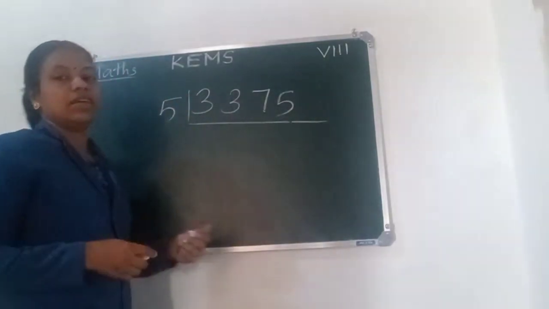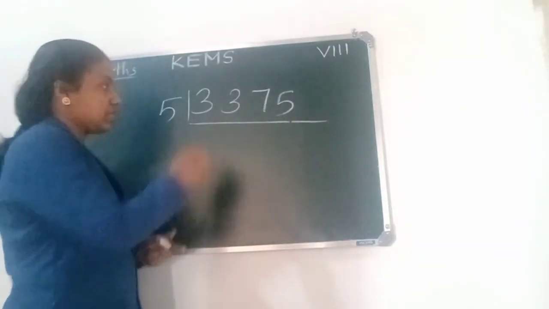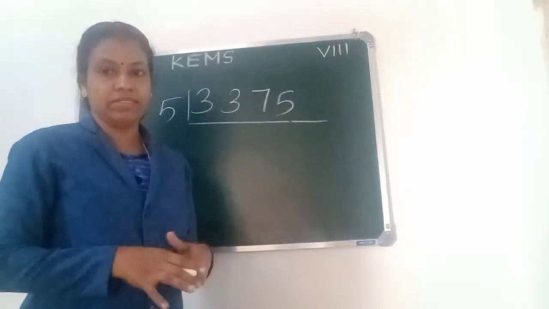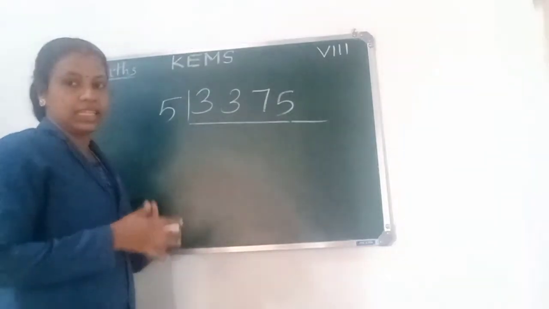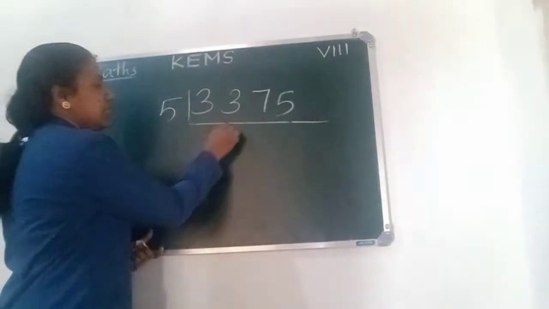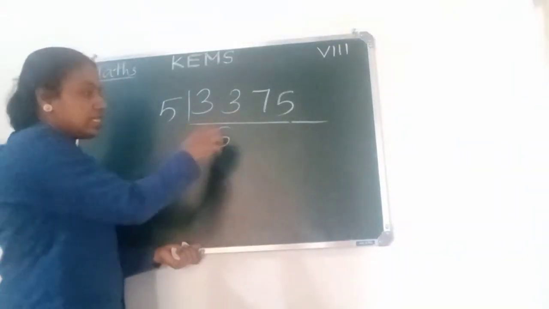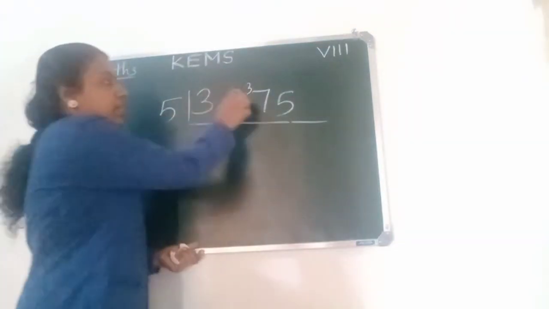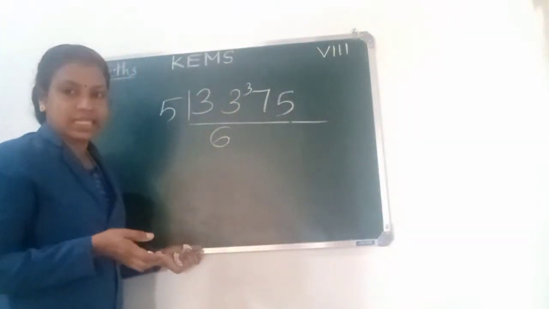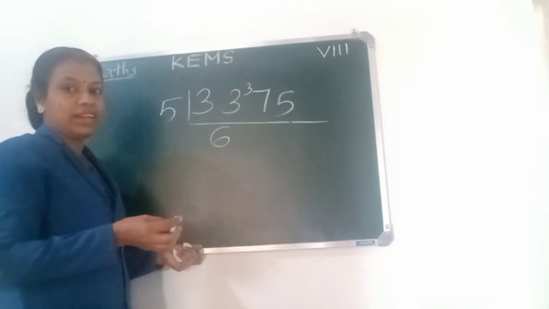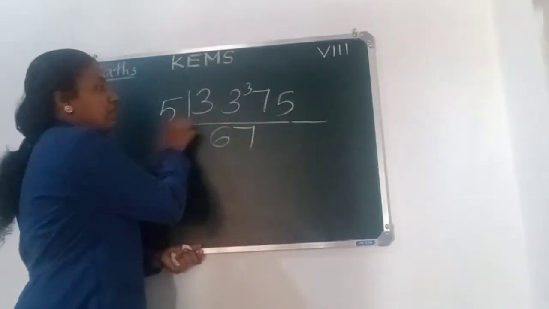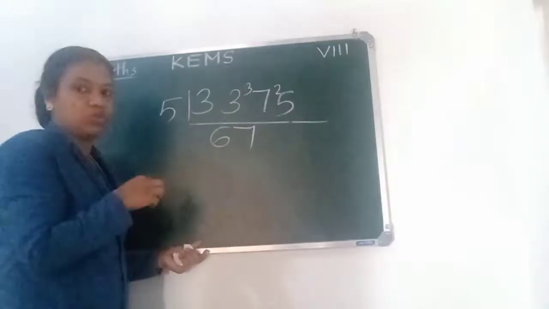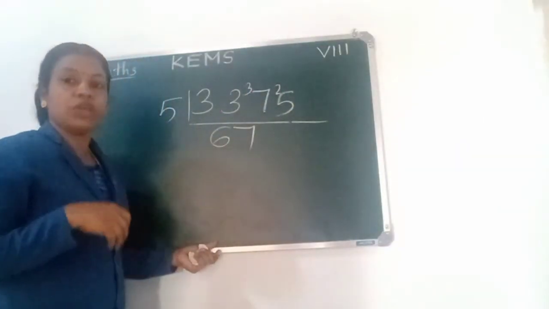So, divide with 5. First take 33 because the first 3 is not divisible. In 33, 6 fives are there. 6 into 5, 30. Then balance 3. So, next number 37. In 37, 7 fives are 35. Balance 2. So, the number becomes 25.